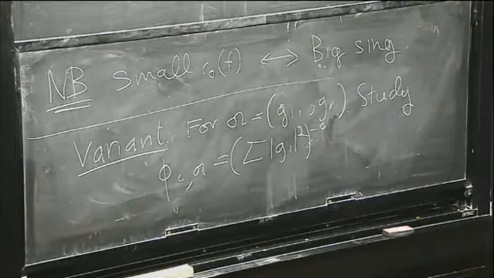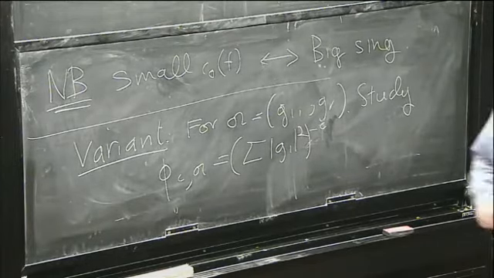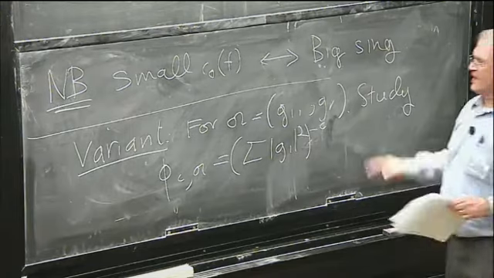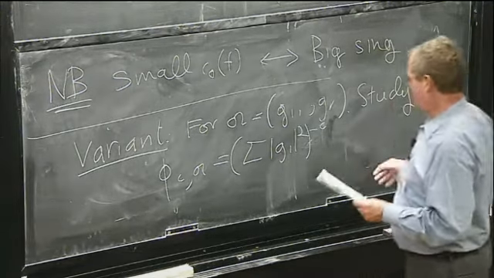And then same story, you get a threshold for an ideal. But I'm going to just take the case of a single polynomial.